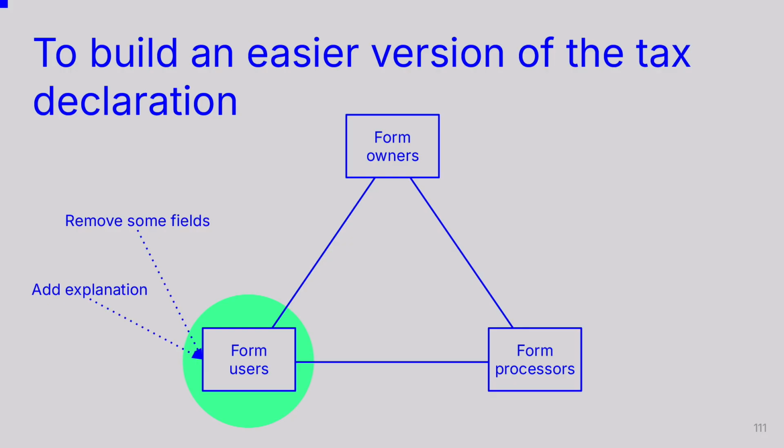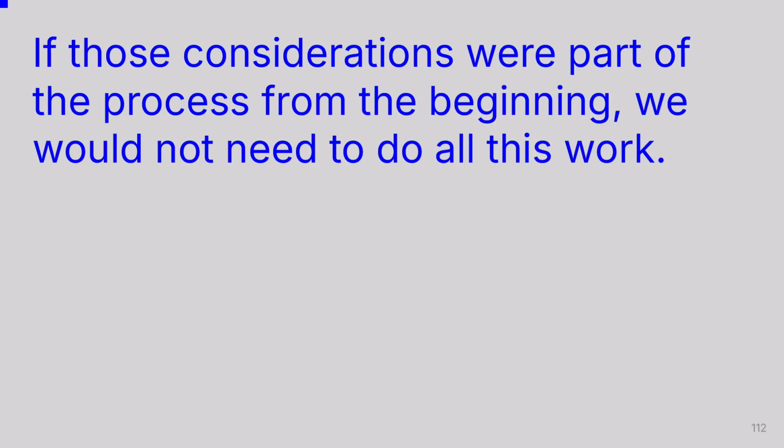So we added explanations and removed some fields. And the point being is, if those considerations were part of the process from the beginning, we wouldn't even need to do all this work.